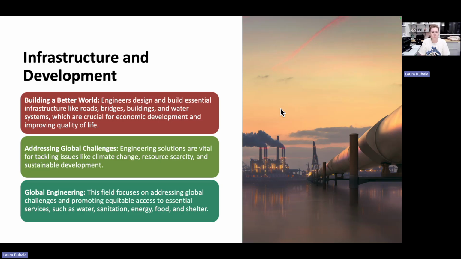And again, back to global engineering. This field focuses on addressing the global challenges and promoting equitable access to essential services like water, sanitation, energy, food, and shelter. And when I think global engineering, what I think about is, again, that equitable access to these things. That hasn't always been the case.